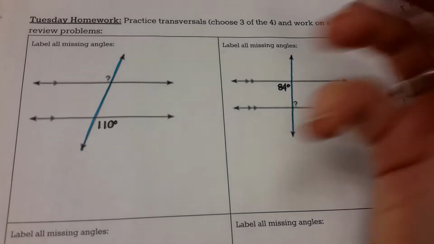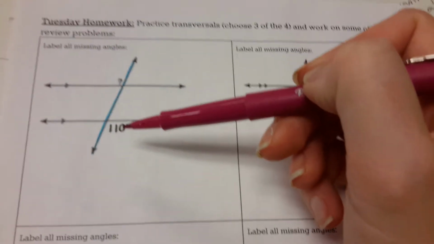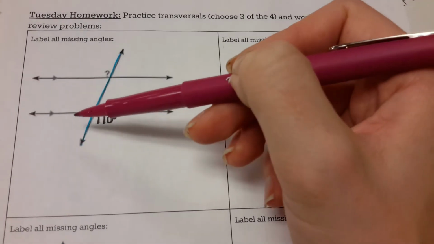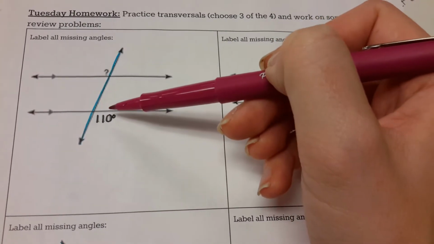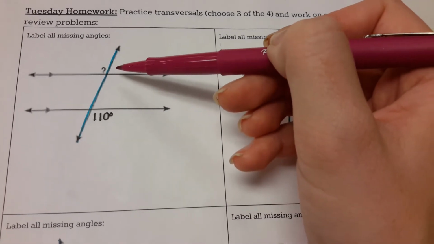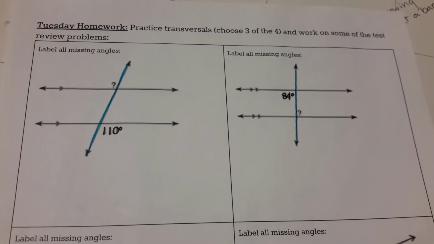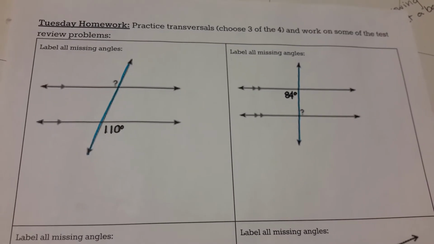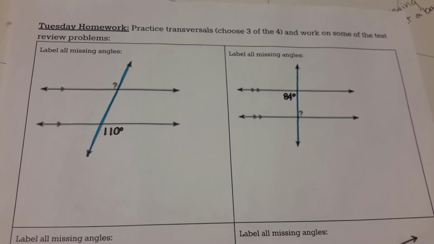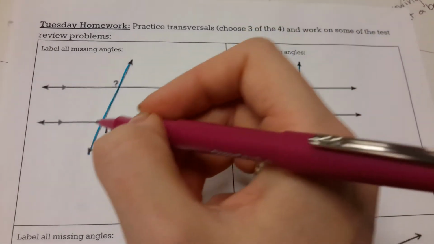If you notice in a transversal problem, we have 8 separate angles: 1, 2, 3, 4, 5, 6, 7, 8. All we need to solve for all 8 of those angles is one measurement. So you can see in this problem we are given the measurement 110.